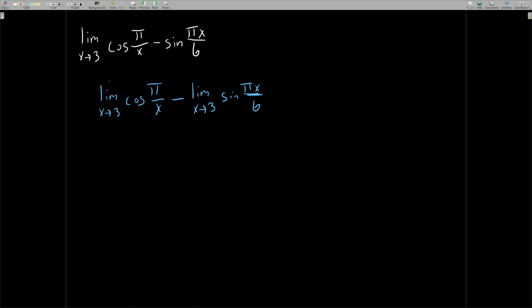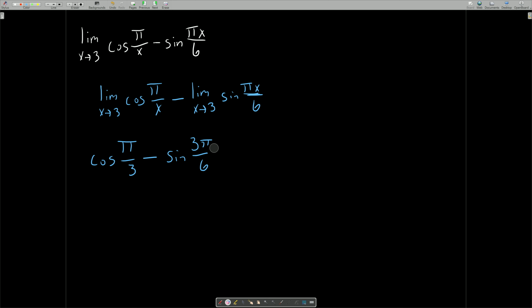Now there's nothing really left to do other than substituting 3 for x. Plug in 3, so you have cosine of pi over 3 minus sine of 3 pi over 6.